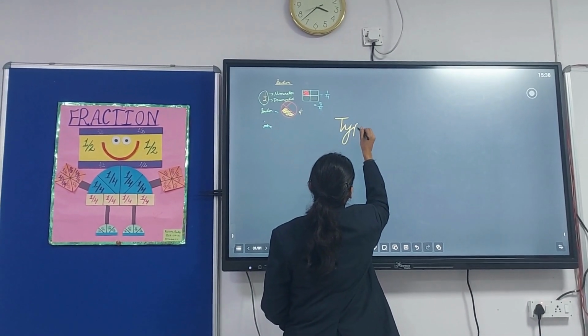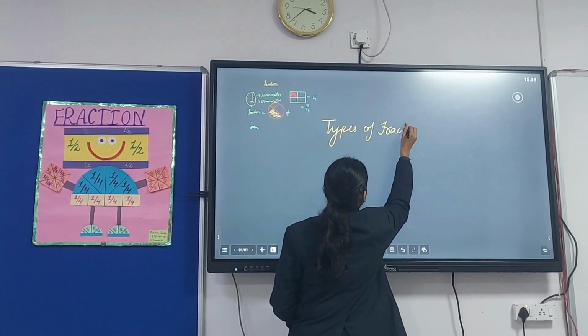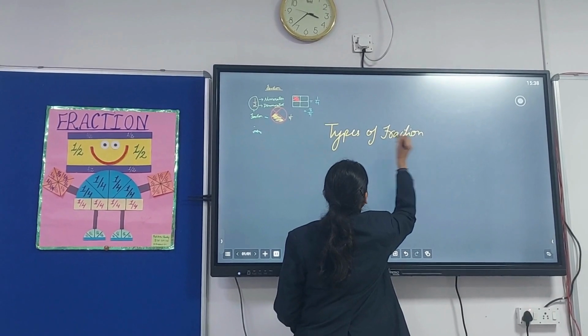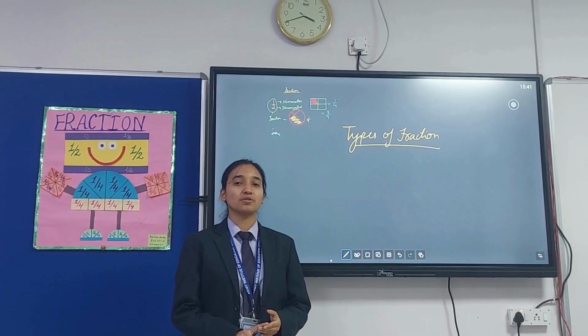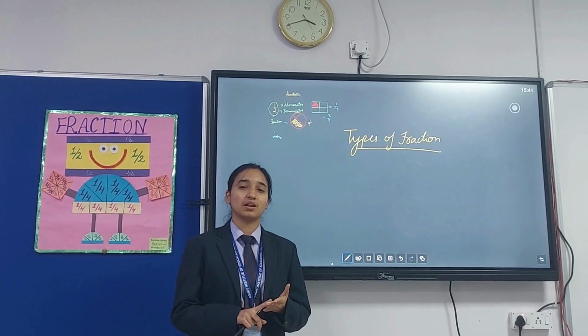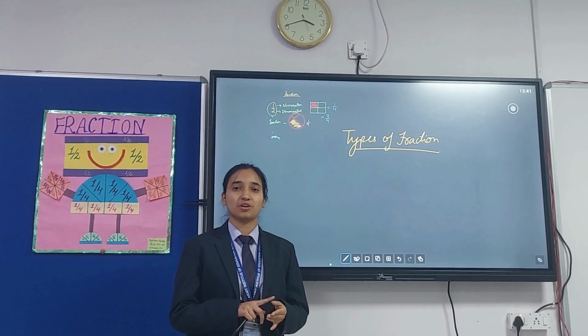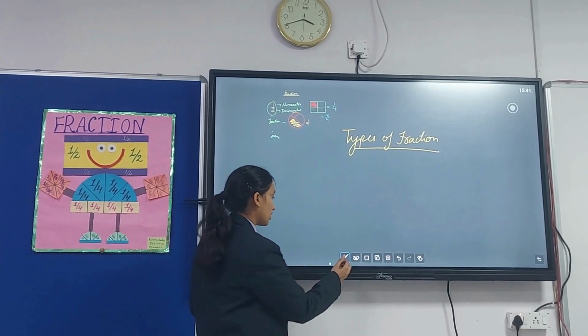Types of fraction. Now we will learn about types of fractions. Fraction can be like, unlike, equivalent, proper fraction, improper fraction, unit fraction, and so on. So what is proper fraction?